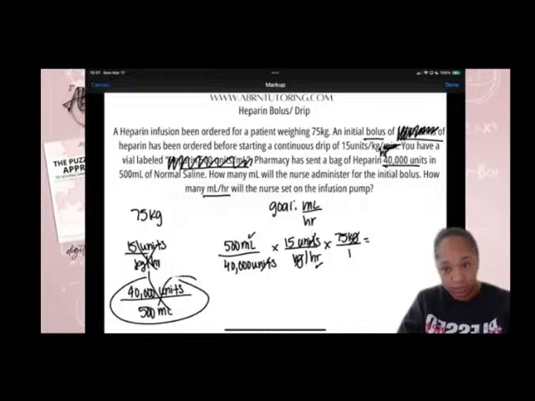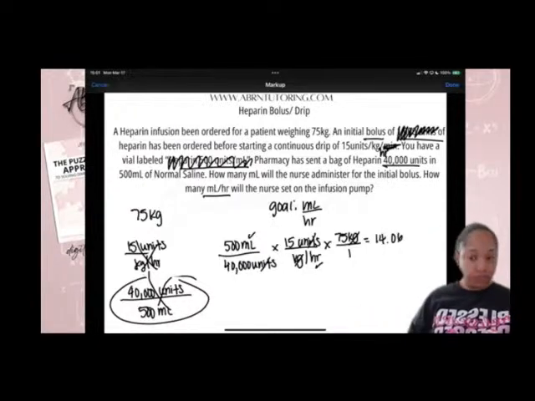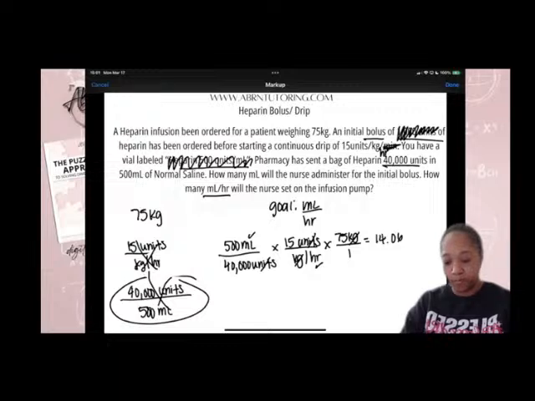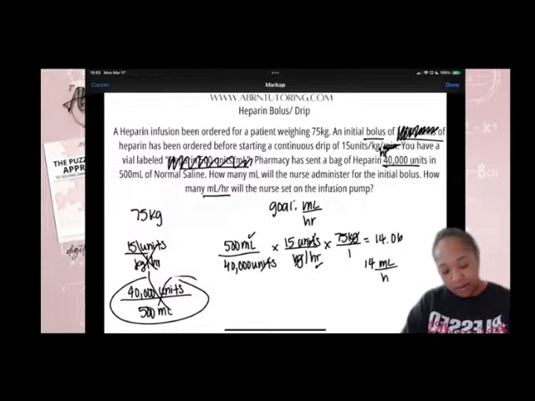So we'll do 500 times 15 times 75 divided by 40,000. 14.06. And if we were to round this to the nearest whole number, what would our answer be? 14 milliliters per hour.